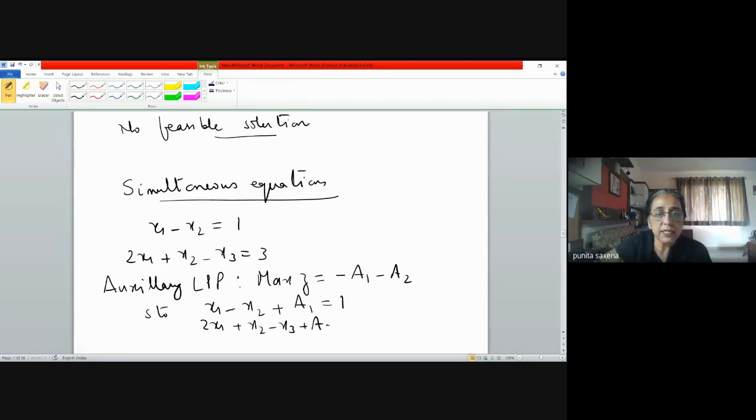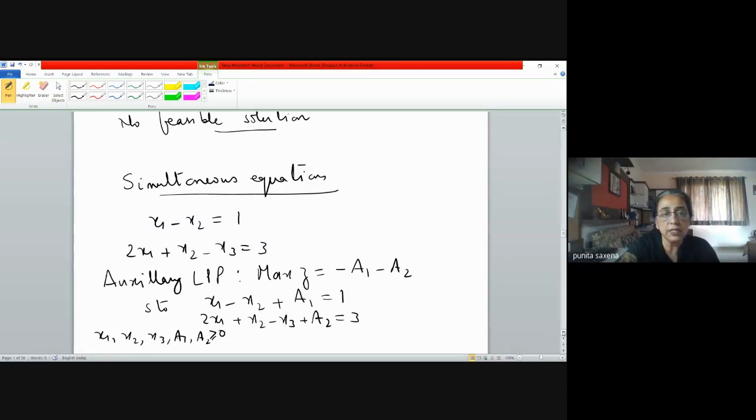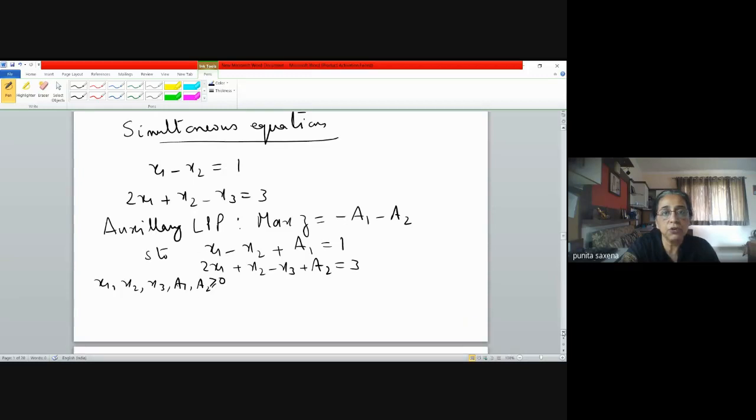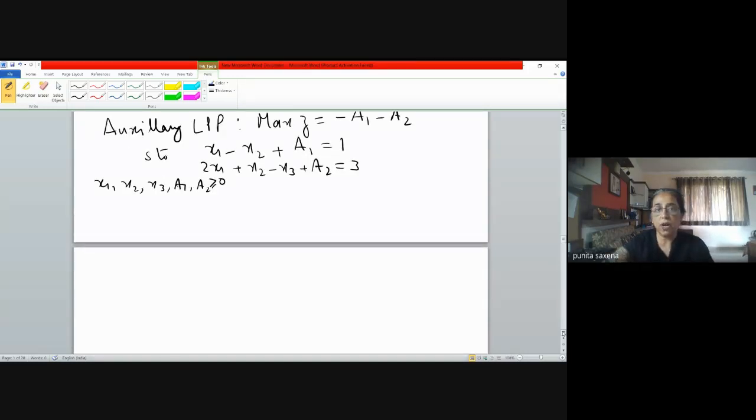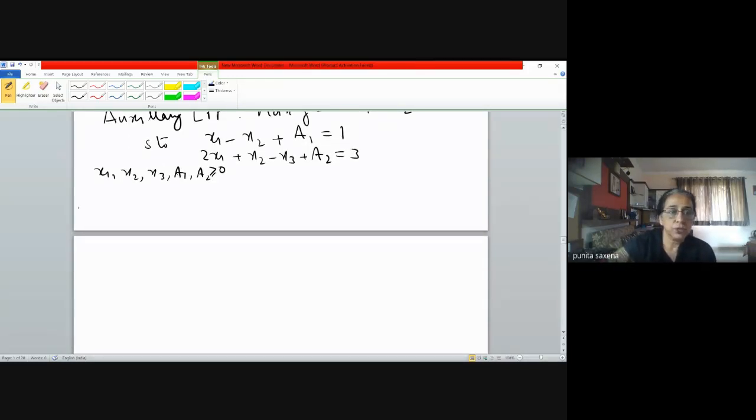Plus a2 equal to 3, with, of course, x1, x2, x3, a1, a2 more than or equal to 0. That will be my auxiliary LP. So I can proceed with the phase 1 solution process of the two-phase method.